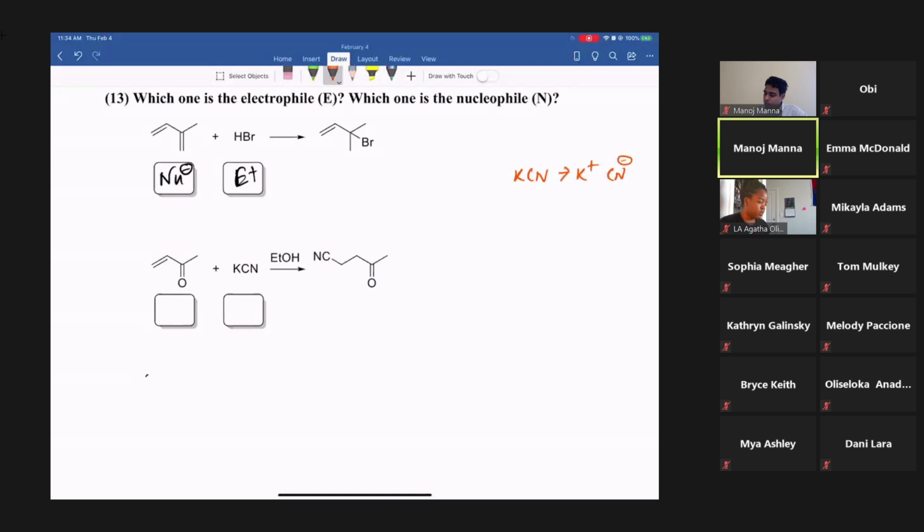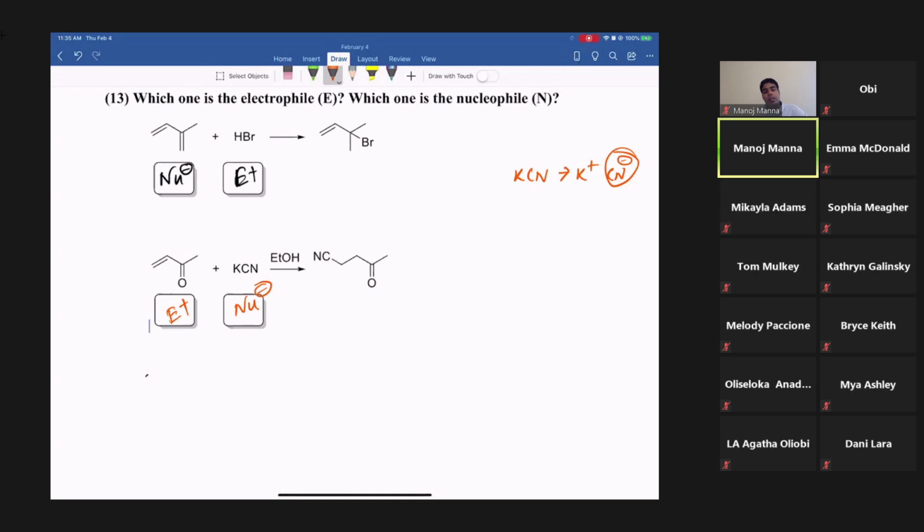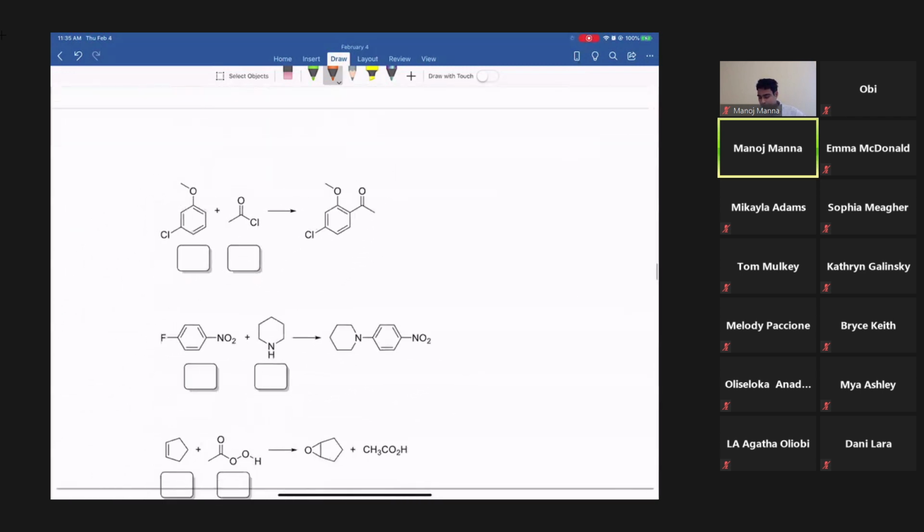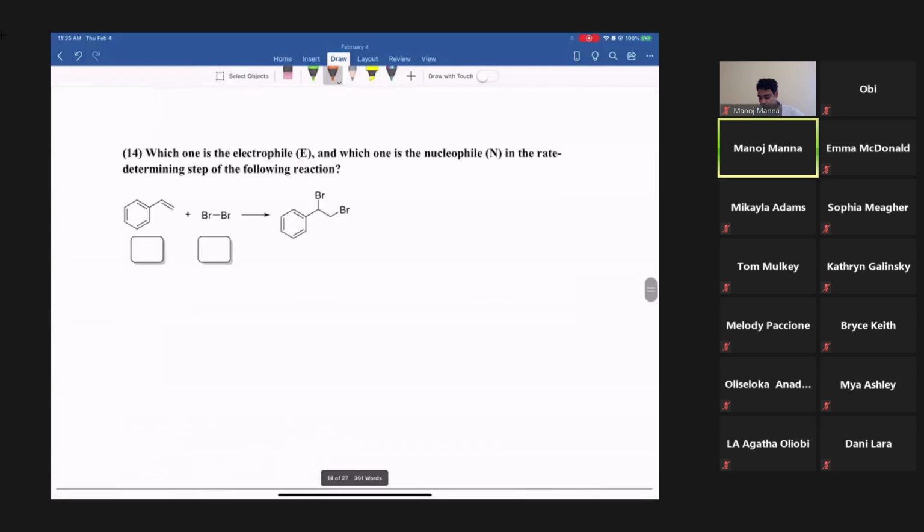So CN minus will act as a nucleophile over here, and this one will act as an electrophile. You have to know the nature of the compounds. So this is how we decide. Okay, and here we'll have one for addition reactions. But anyway, I think now you guys are fine. So practice those questions, and we'll see more.